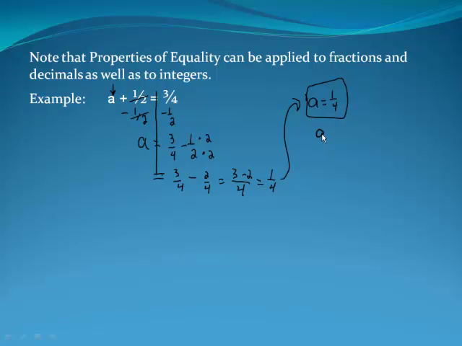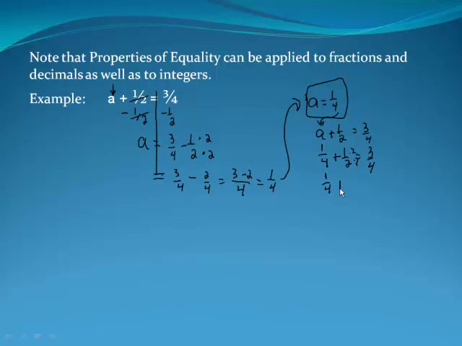To check your answer, take your original problem, so a plus 1/2 equals 3/4. I'm going to put that 1/4 in for a. So now I've got 1/4 plus 1/2 equals 3/4. This is my check. I need a common denominator, so I need to multiply top and bottom here by 2 for that second fraction.